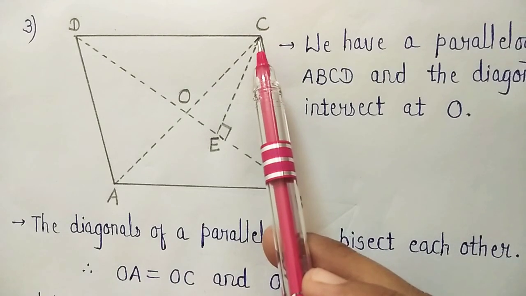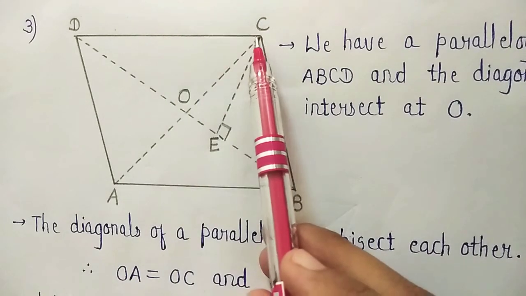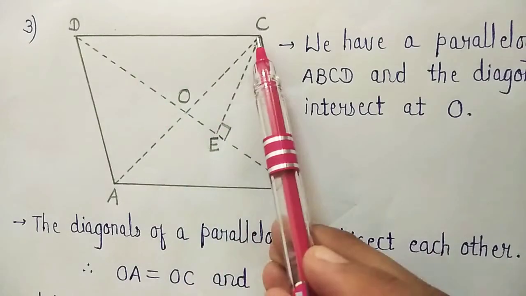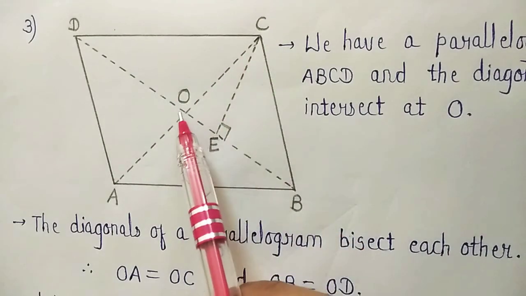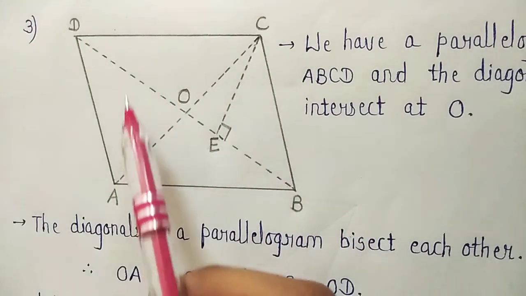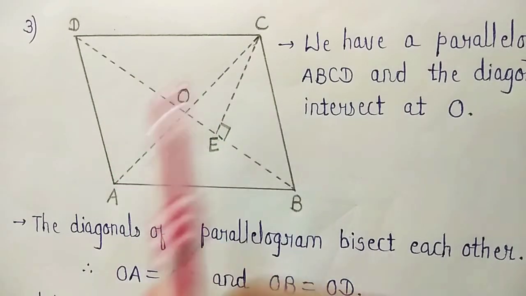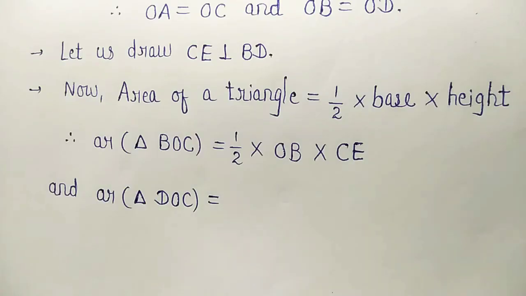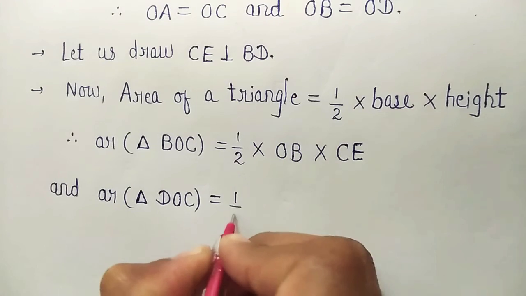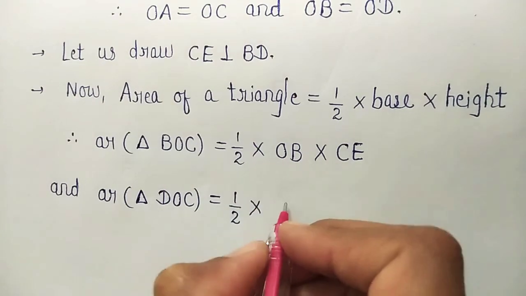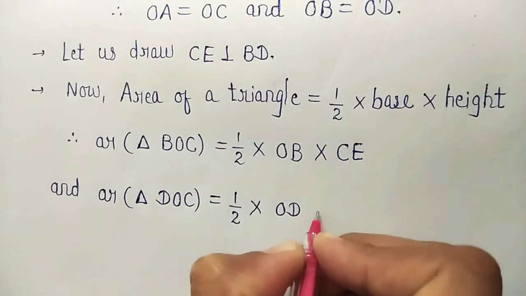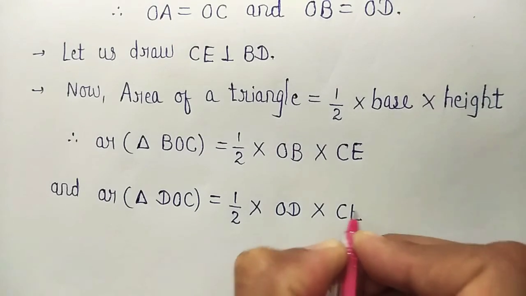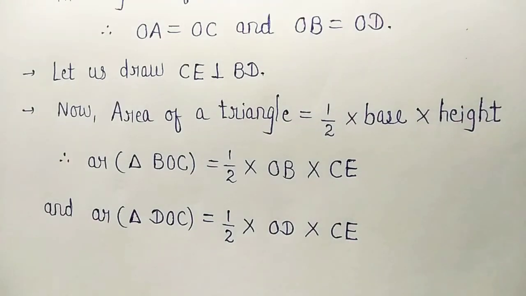Half into base into height, right? If we consider CE is here, CE will be the height and the base will be OD. So area of triangle DOC will be half into base OD into height CE.